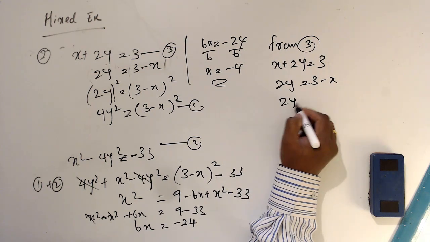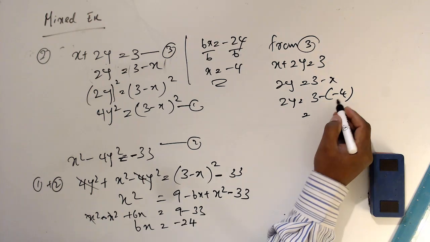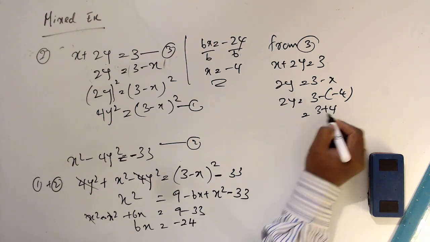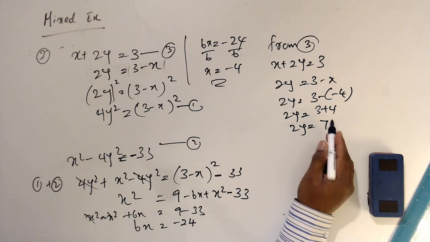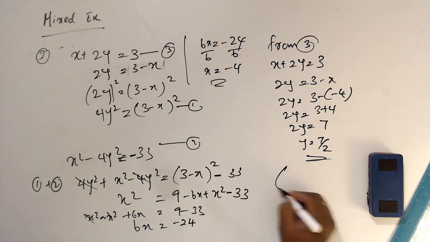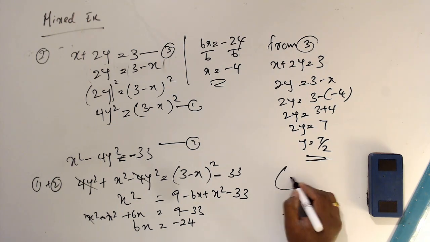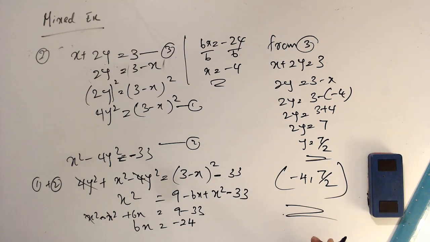Then 2y equals 3 minus minus 4, which is 3 plus 4, so 2y equals 7, then y equals 7 over 2. So the answer is x equals minus 4 and y equals 7 over 2.